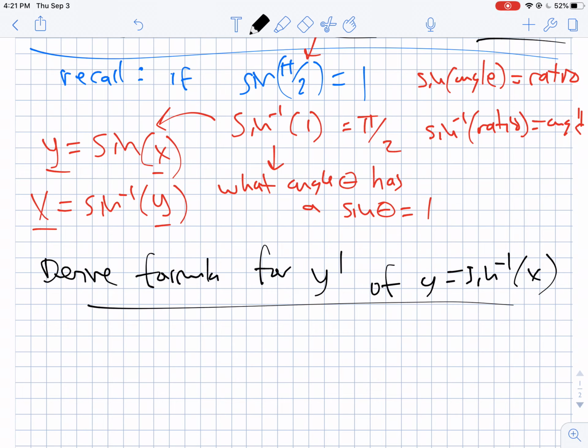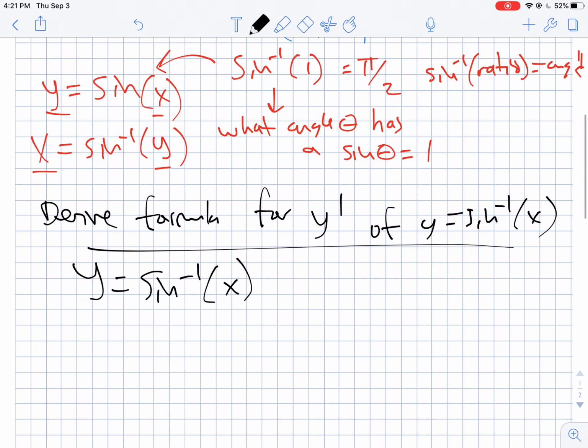Okay, so let's start with this. We're going to use implicit differentiation. So if y is inverse sine of x, I'm going to show you where the derivative formula comes from. You don't need to have this memorized, but if you forget it, it's a way you can quickly come up with it. Okay, so if y equals inverse sine of x, that means that x equals sine of y.